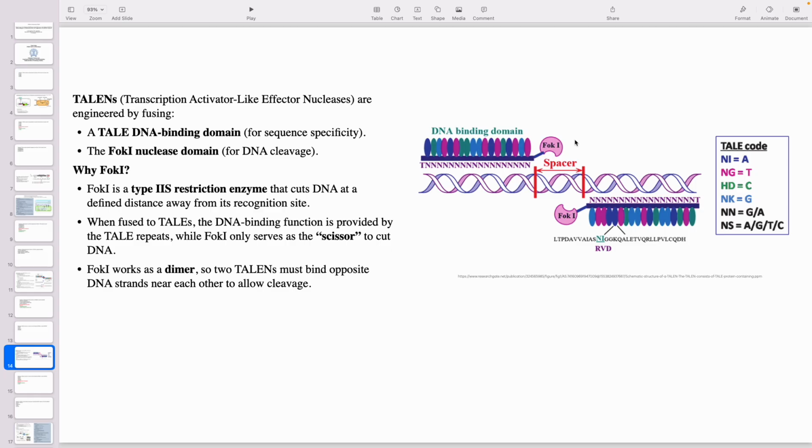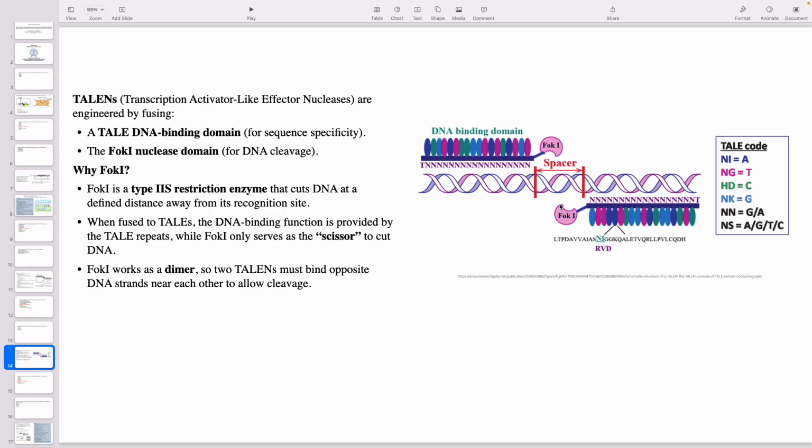FOK1 is a type 2S restriction enzyme, and it cuts the DNA at a defined distance from the recognition site. So when fused to TAL, the DNA binding function is provided by the TAL repeats, while FOK1 only serves as a scissor to cut the DNA.